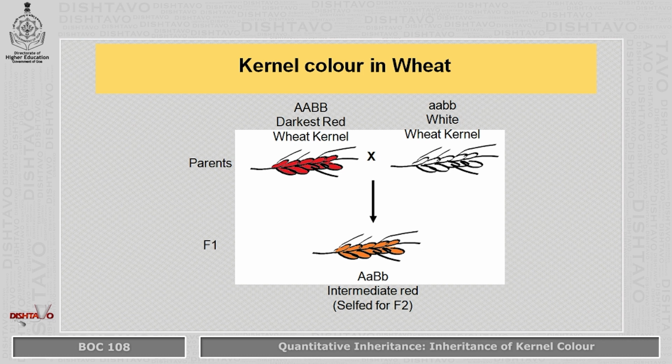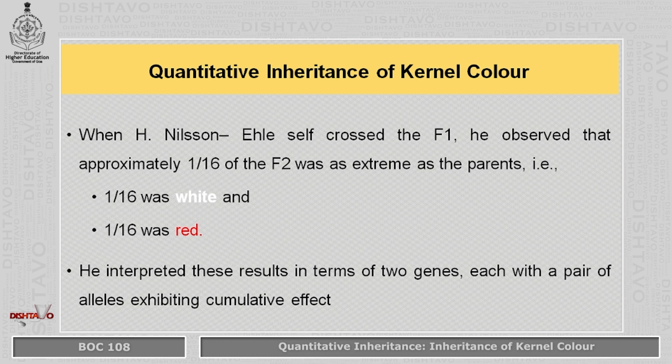Now, this intermediate red was self-crossed for F2. So, now let me just repeat what I had said earlier so that you understand the next cross better.